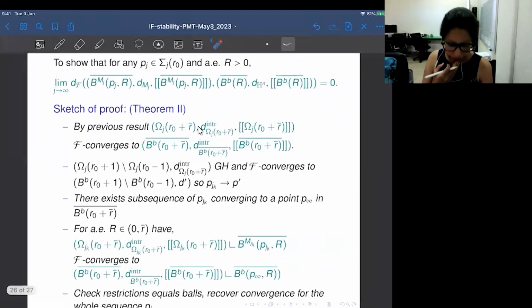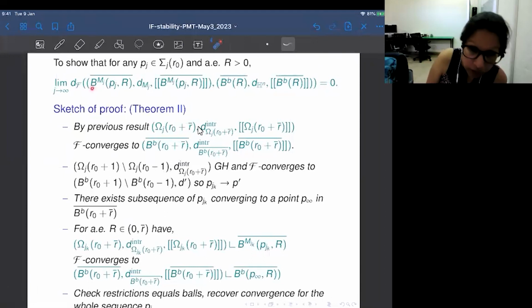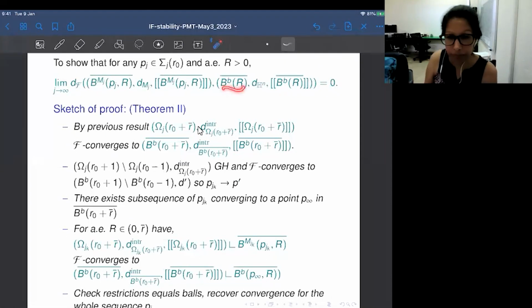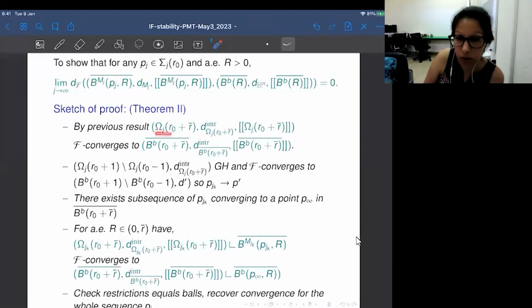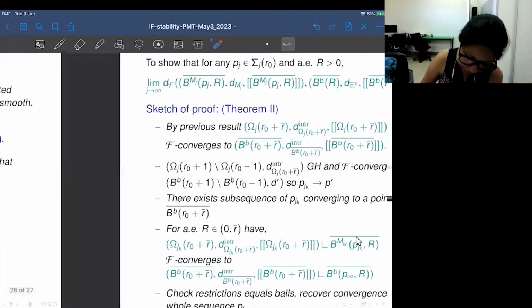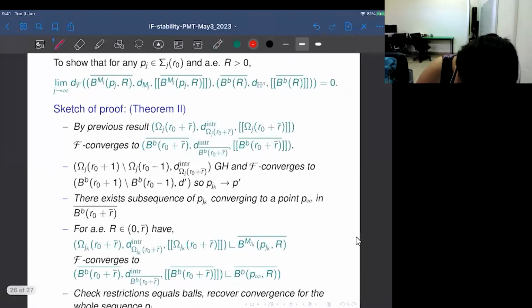And the second theorem, which is convergence of the balls in our manifold MJ to the ball in the hyperbolic space, is as follows. So first, by the first theorem, one knows that these omega regions are converging to balls in the hyperbolic space. And now what one has to use is the nice properties, meaning this condition.